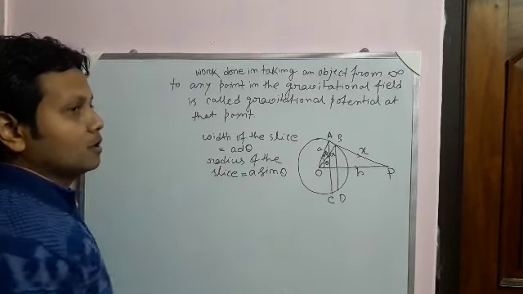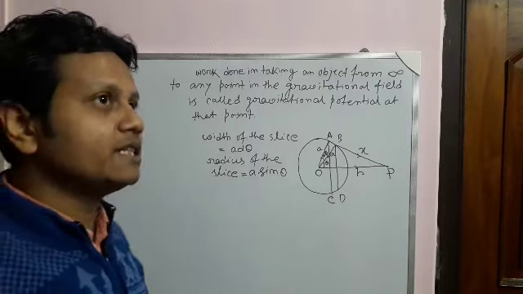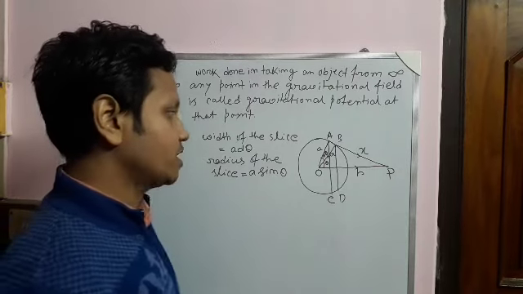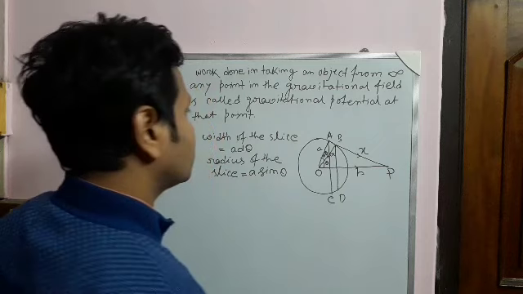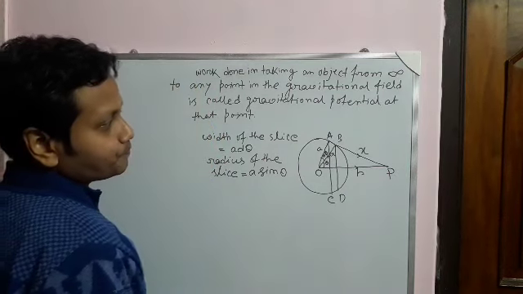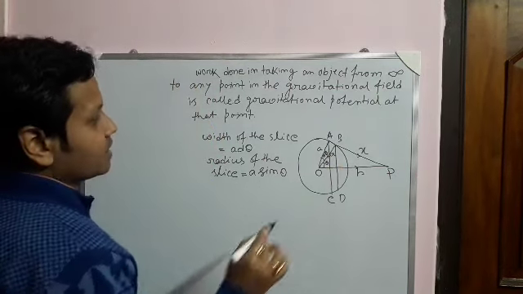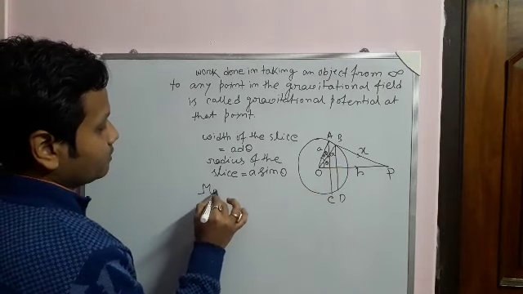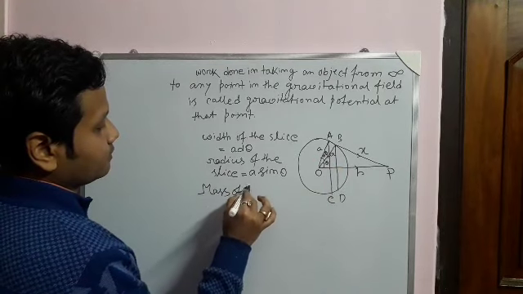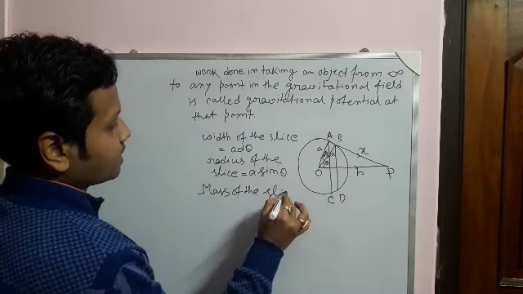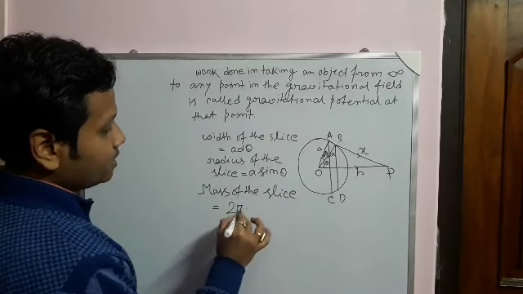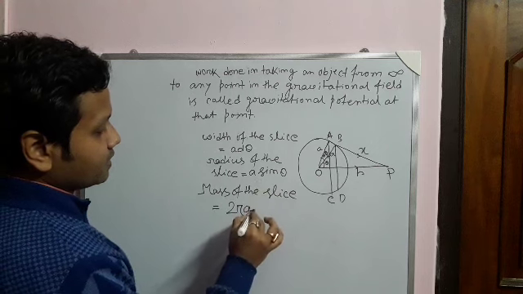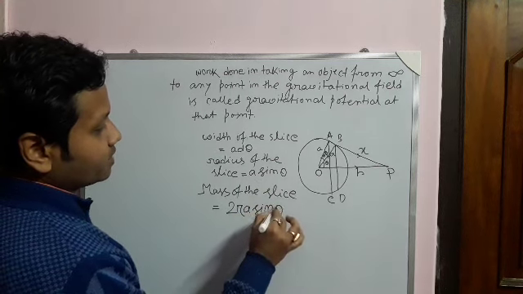Now if rho is the mass per unit area of the shell, then what will be the mass of the slice? This is simply circumference into thickness. Circumference is 2 pi into radius, which is A sin theta. And what will be the thickness?